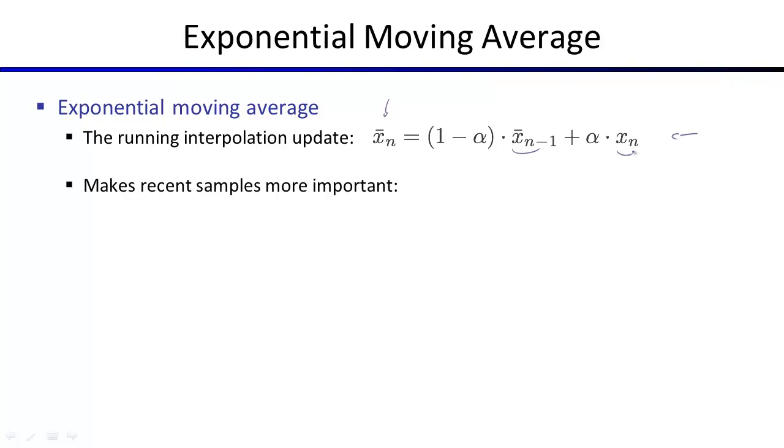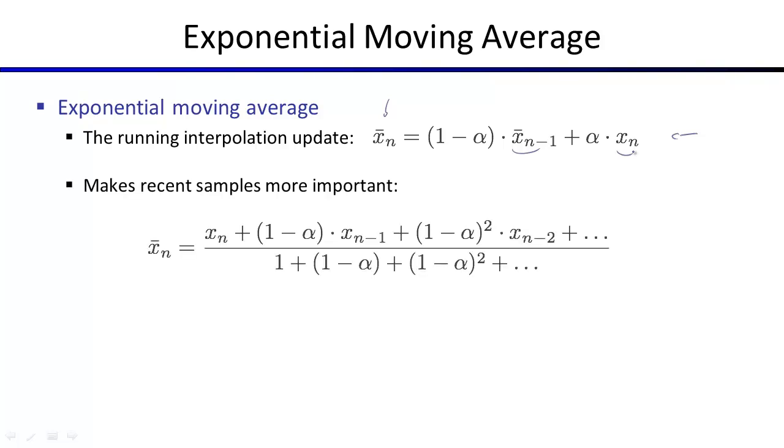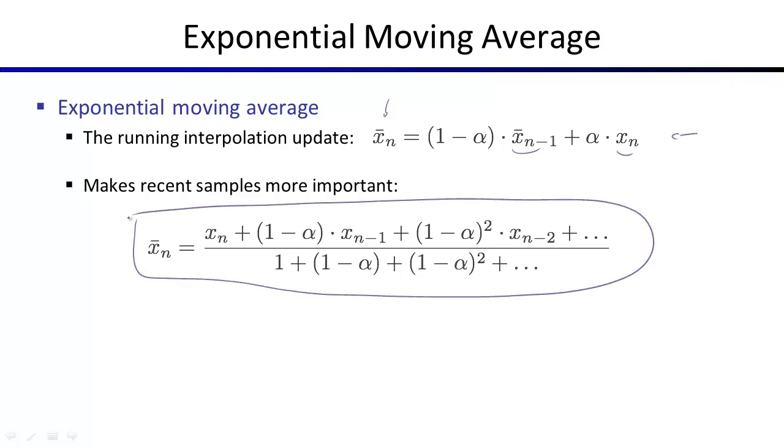If you write out what actually happens, you get something like this in terms of the original samples. What's interesting is that the latest sample is weighted the highest, the previous one is weighted second highest, and so forth, and the very earliest sample is weighted much less than the later samples. And then you need to divide by something here to make sure it's actually a weighted average: the weights in this average have to sum to 1.